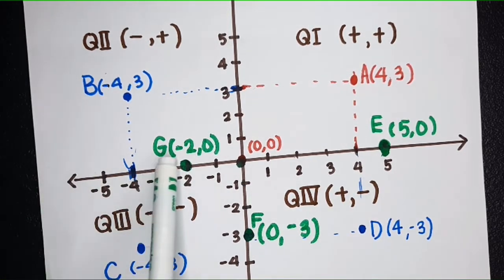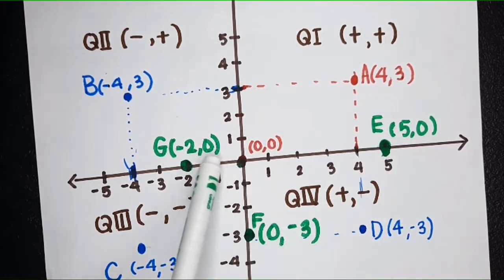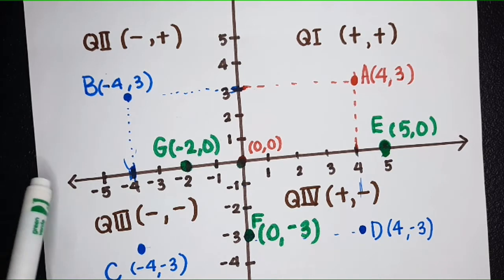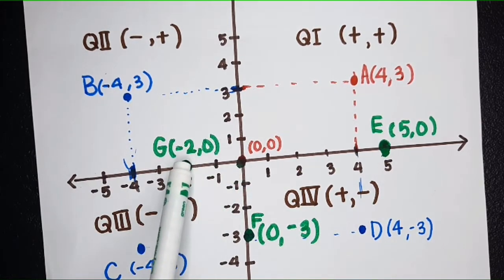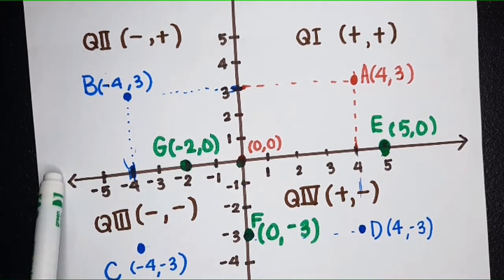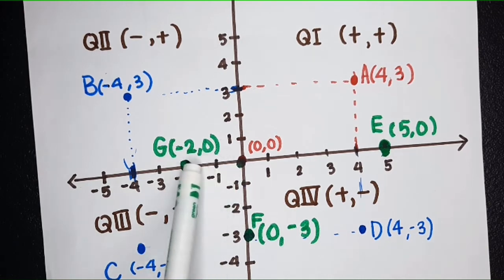Nandito sa x-axis. Right? Nandyan ang location ng point G. If you want to be more specific, kung gusto niyo yung mas eksakto talaga kung saan makikita ang point G, you may want to write on the negative x-axis. Kasi di ba ito yung negative x-axis? So, dyan nyo siya makikita.